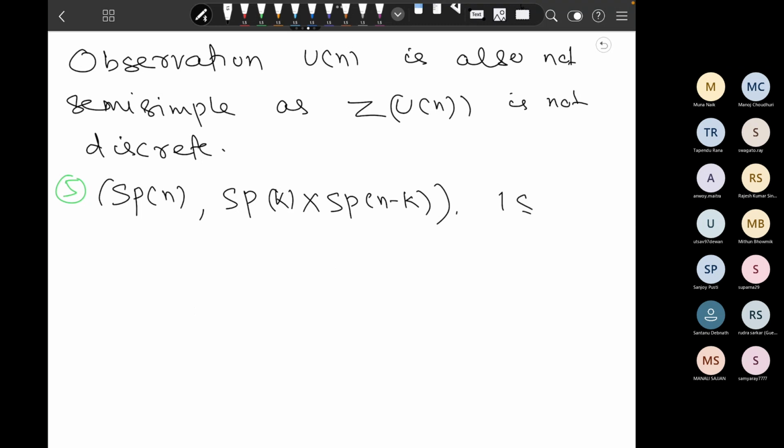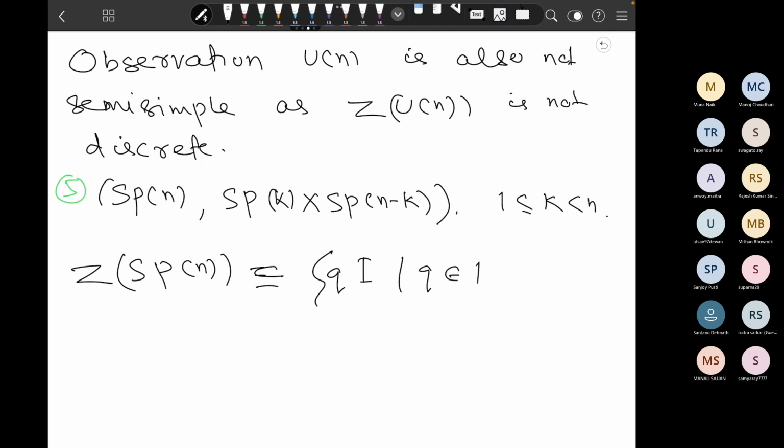This is really 1 less than equal to K less than N. And the thing is, if you look at this Z of SPN, center of SPN, this will be a subset of lambda I, QI, so that Q belongs to H, and since QI belongs to SPN, the norm of Q is 1.